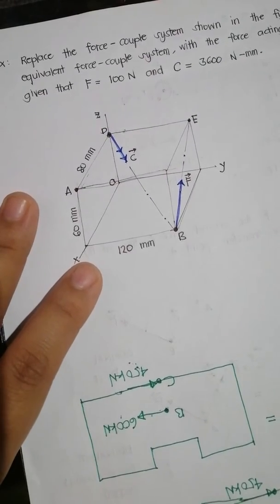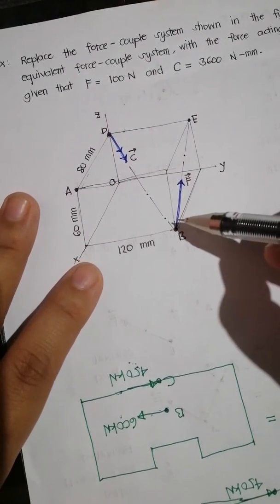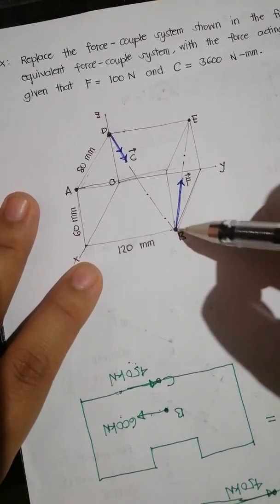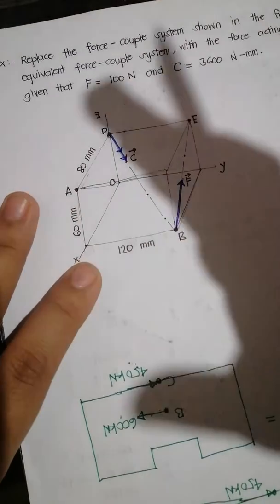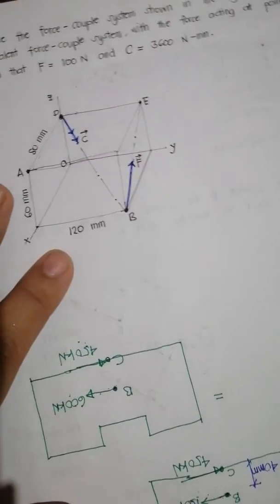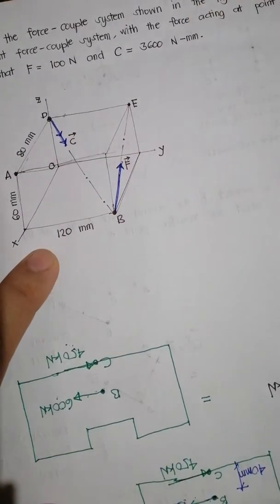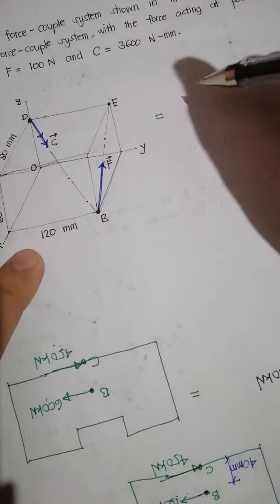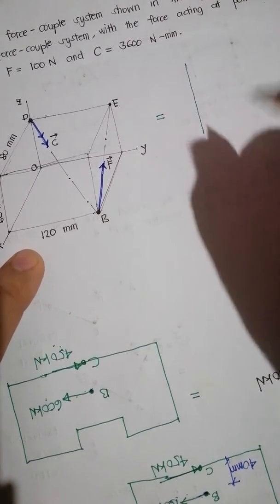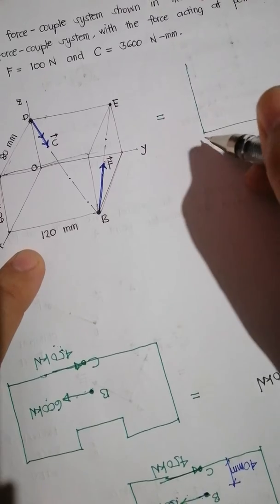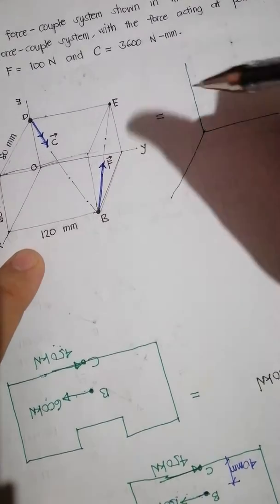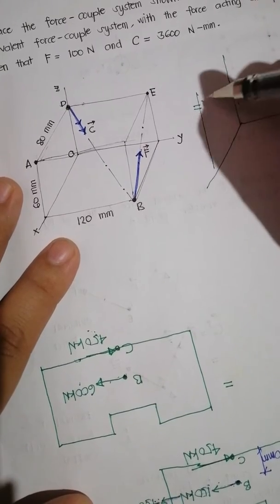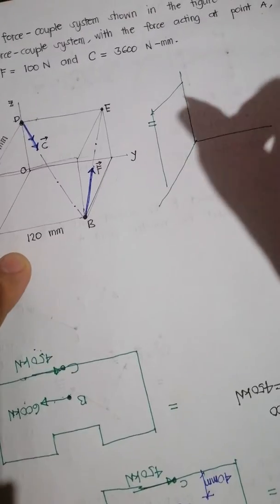With this transfer of the force vector from B to A, a couple of transfer is formed. So what will happen is we now have this new system. Now let me just draw it abruptly.